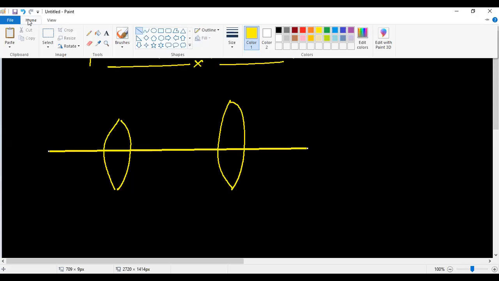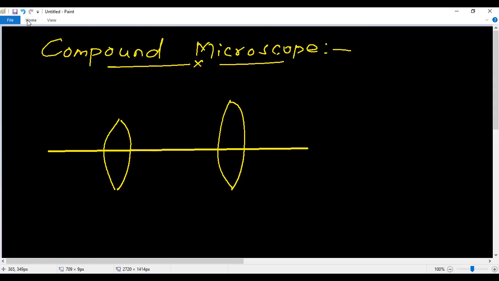What is the condition for the compound microscope? That is a magnified image. Okay, listen.